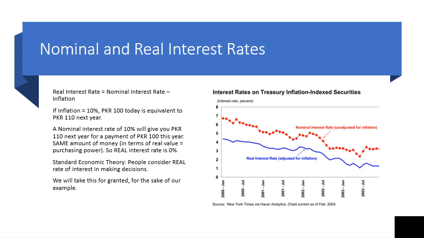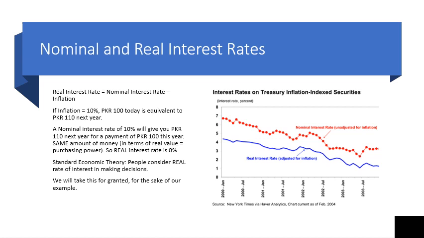Basically the nominal interest rate is like the market rate. Suppose the bank is giving you a 10% interest rate, but the inflation rate is 5%. An inflation rate of 5% means that $100 today will be worth $105 tomorrow, or $100 today is equivalent to $105 tomorrow.